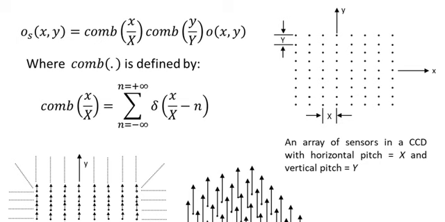Now you see that if a continuous object falls on this sensor array, the sensor array will give you an image which we call O_S, that is the sampled signal. So O_S at the location x,y will be equal to comb of x over capital X times comb of y over capital Y, on which the continuous signal O is incident.